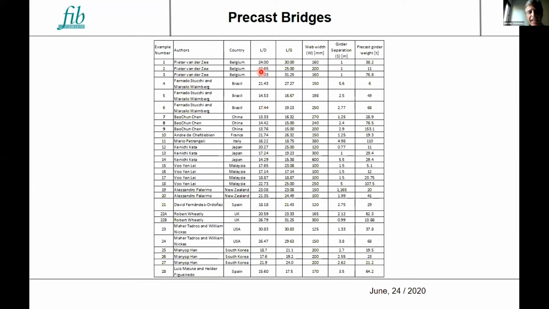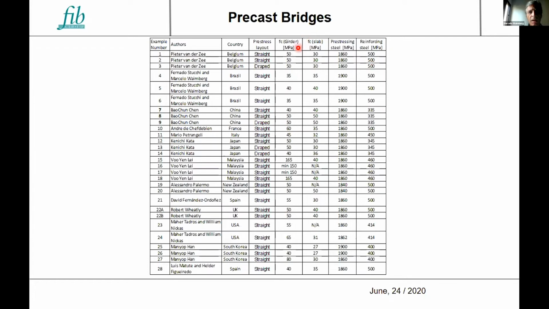You will also find the geometry of the girders, so depth, web width, girder separation, and the precast weight of each girder proposed. You will also find information on pre-stress and layout, such as use of strands, tendons, straight ones, draped ones.